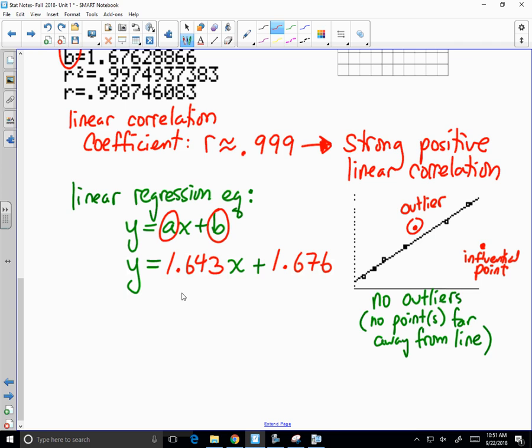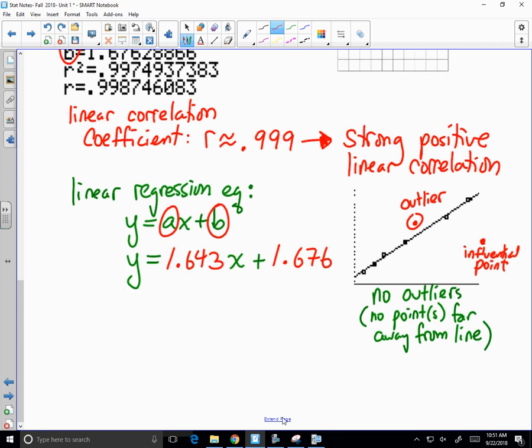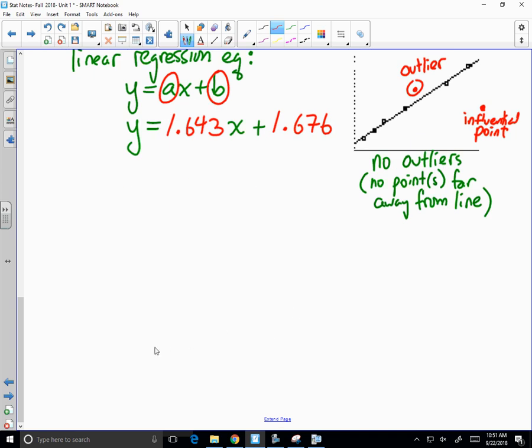All right, so you also have the ability, once you have the regression equation, to make predictions. So I'm just going to do it all right here because I know the notes aren't as nice as they could be for this. So if I wanted to make predictions, you can go one of two ways.